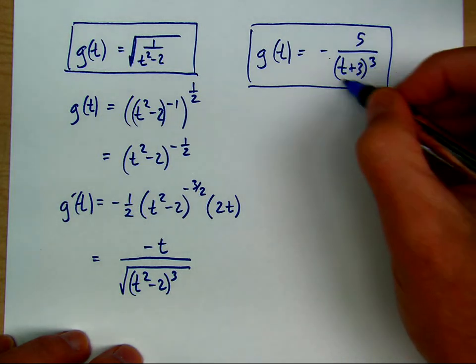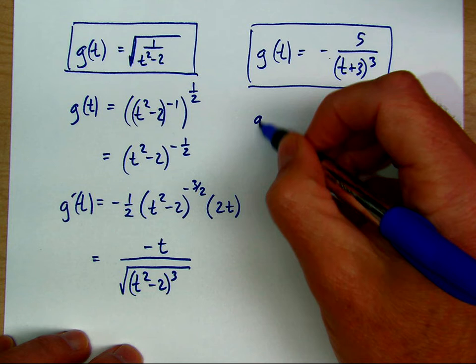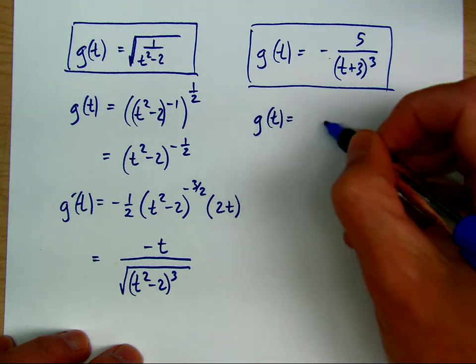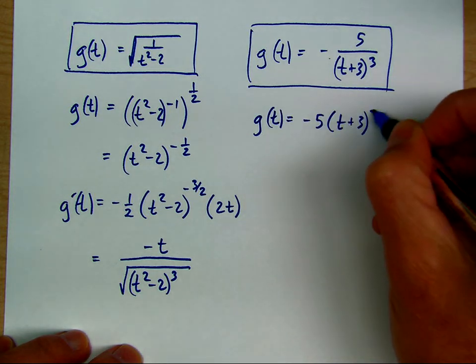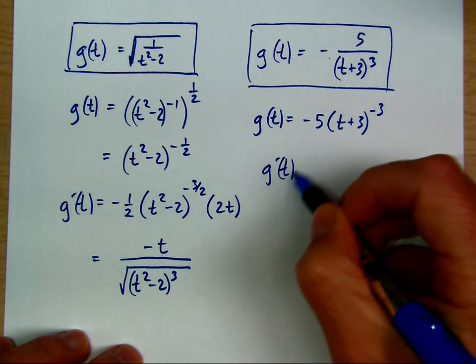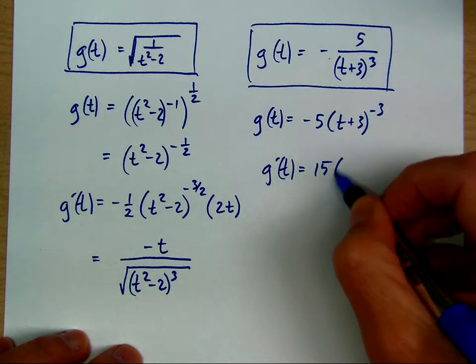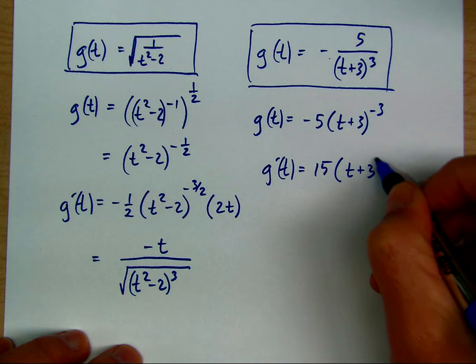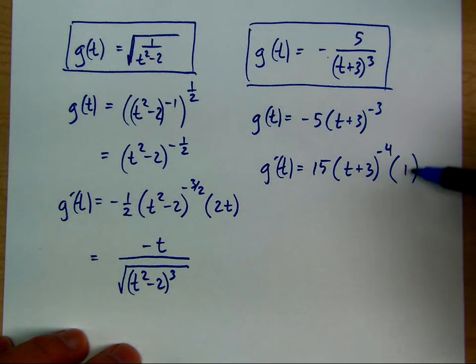Let's rewrite it with a negative exponent so that we don't have to do a quotient rule. Now we can just do the chain rule. Multiply by the exponent, leaving the inside the same, times the derivative of the inside.